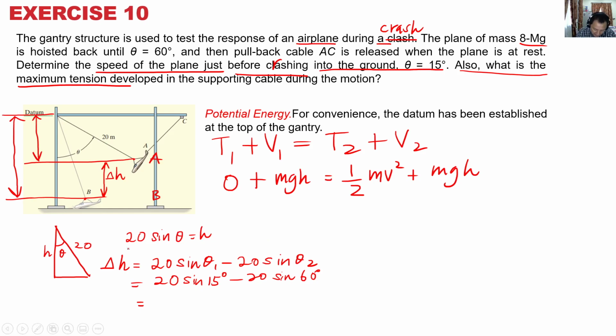20 sine 15. 5.18. Minus 20 sine 60, 17.32.